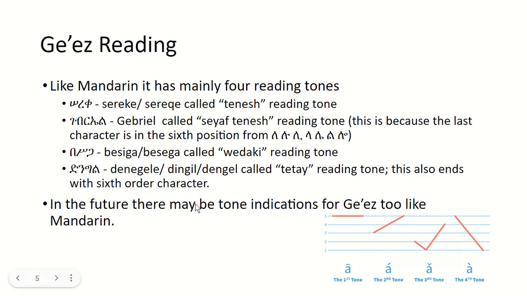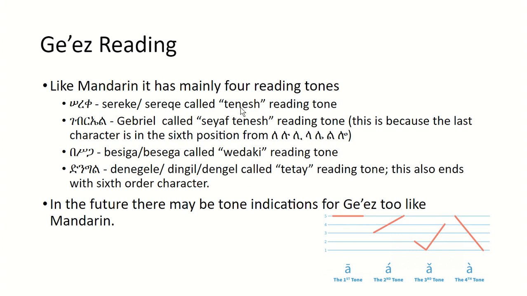When we come to the reading tones for the Ge'ez language, like Mandarin, which I think has four tones, it also has some indicators like this one. Similar to that, in Ge'ez there are four reading tones.